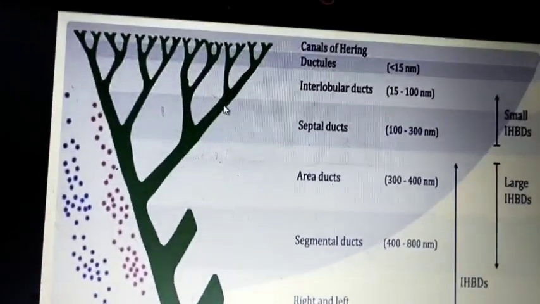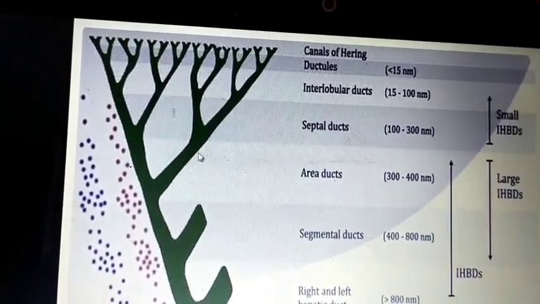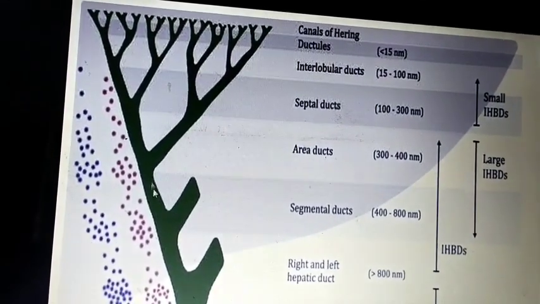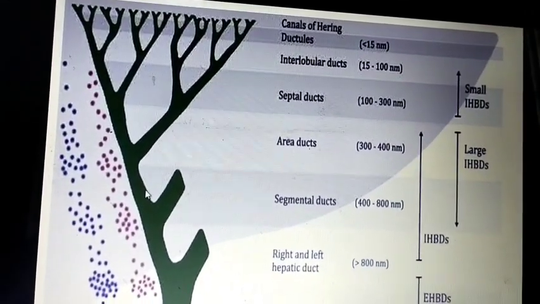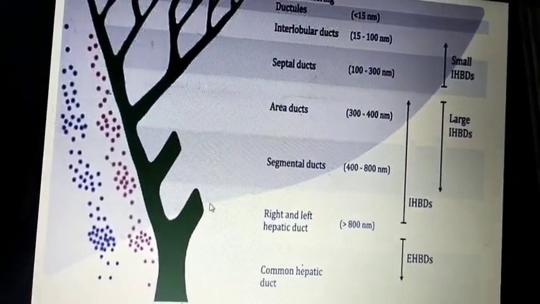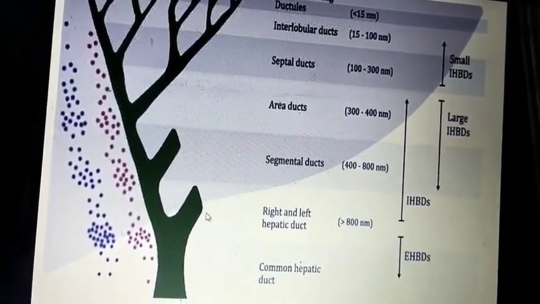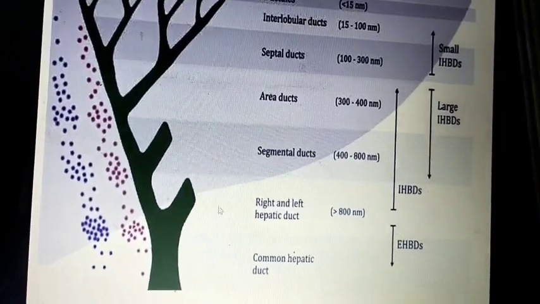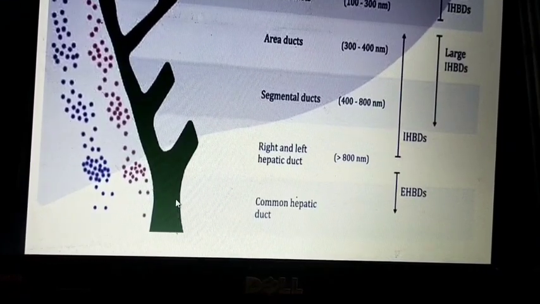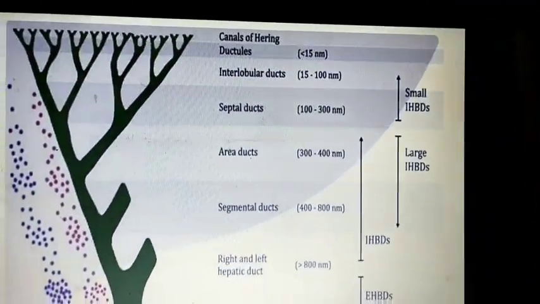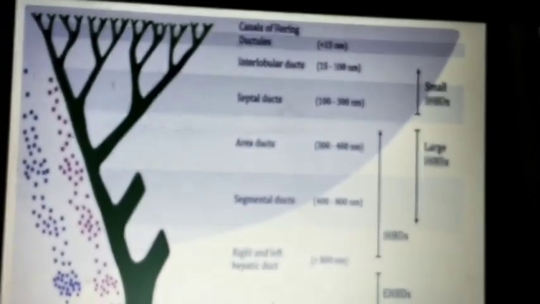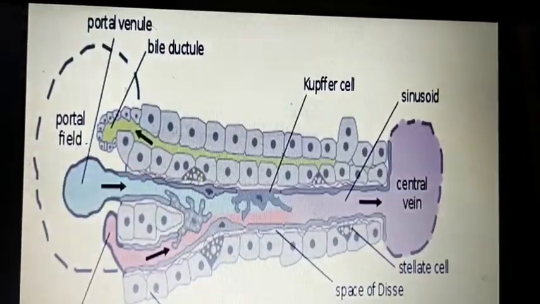Septal ductules join together to form area ductules, and area ductules join and form the segmental ductules, and segmental ducts join together to form the right and left major ducts. These are the right and left hepatic ducts, which join together to form the common hepatic duct. Like that the intrahepatic biliary tree is there. Go for the next slide.